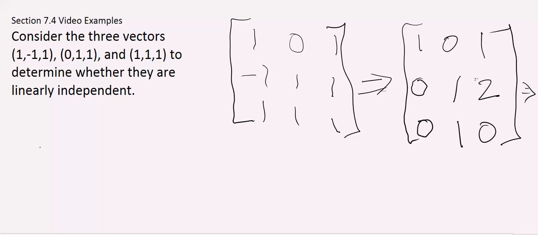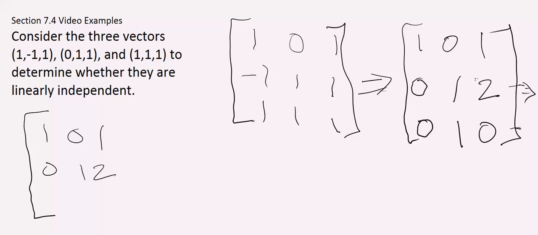And I'll continue this on. I just copy the first two rows over. And for my third row, what I'll do is I'll take this row 3 and I'll subtract this row 2. So I have 0, 0, minus 2.